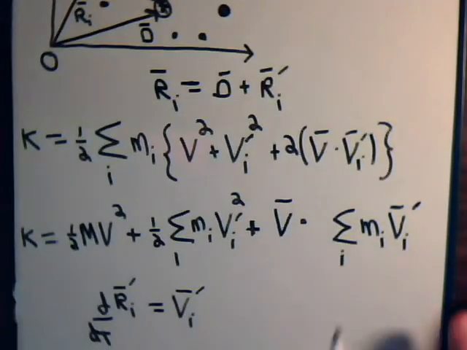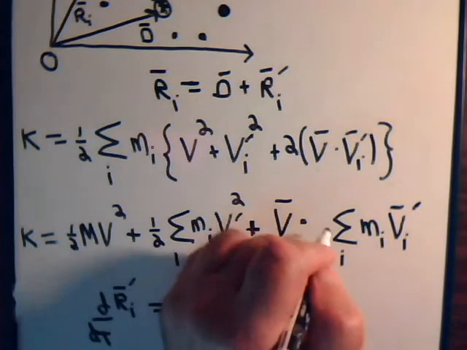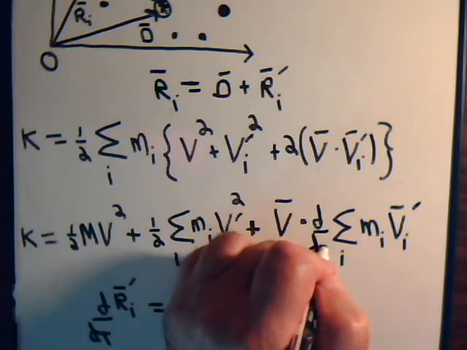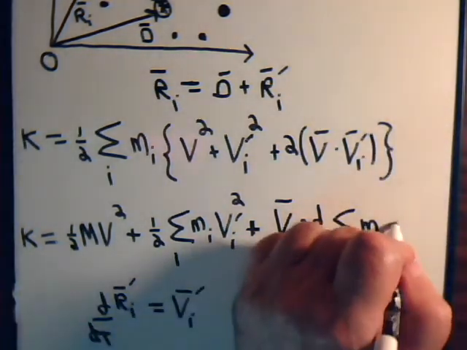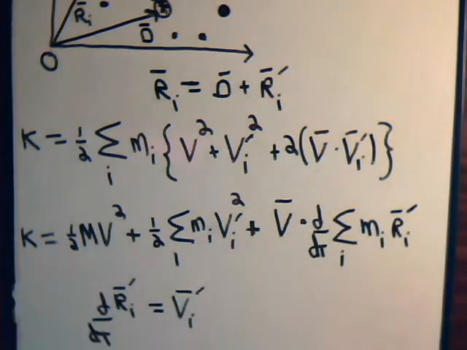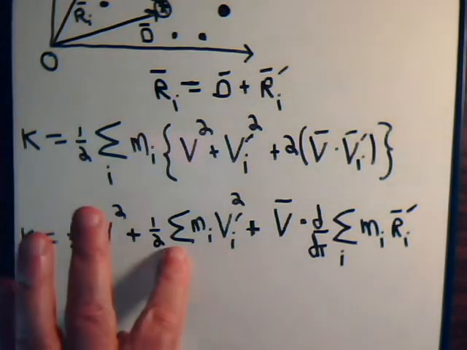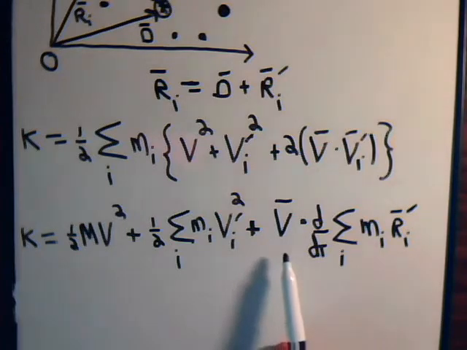So this term here, we can rewrite it like this, d dt, then here we have ri prime. But now, hopefully you remember from video number 19, our previous video, this summation is 0. So this term drops out.